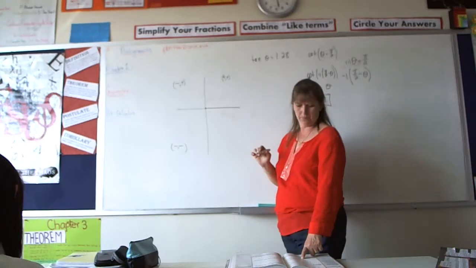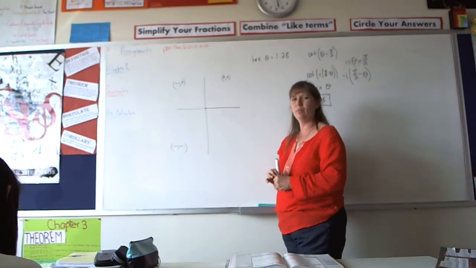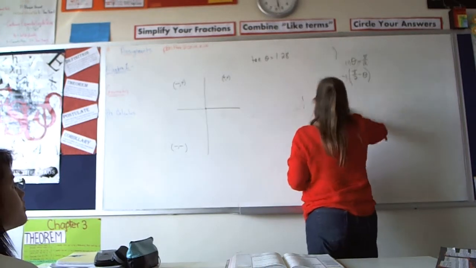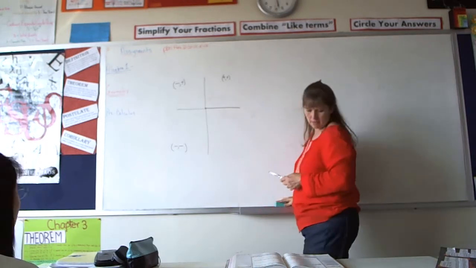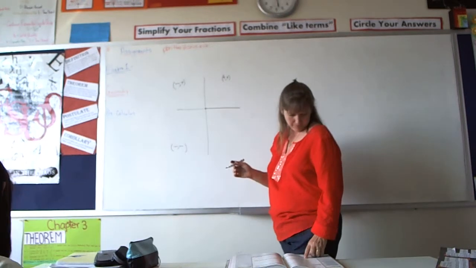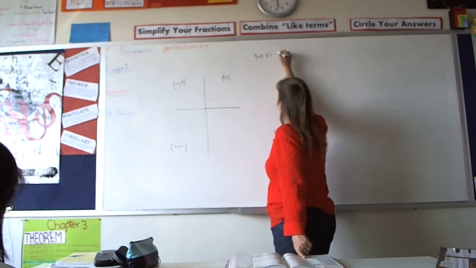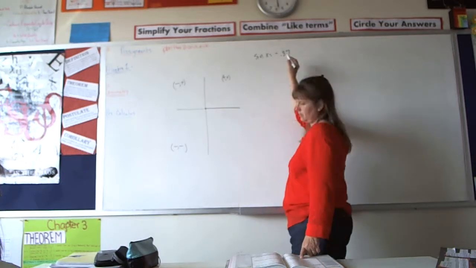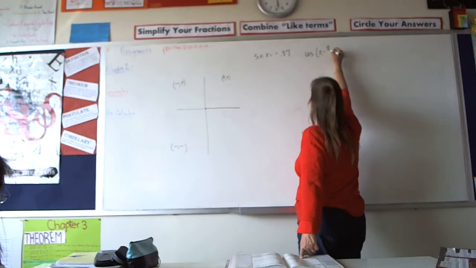Want to do another one? Sure. That was a good practice. Okay, let's erase this one. Practice 3. If sine of x equals negative 0.37, find cosine of x minus pi over 2.